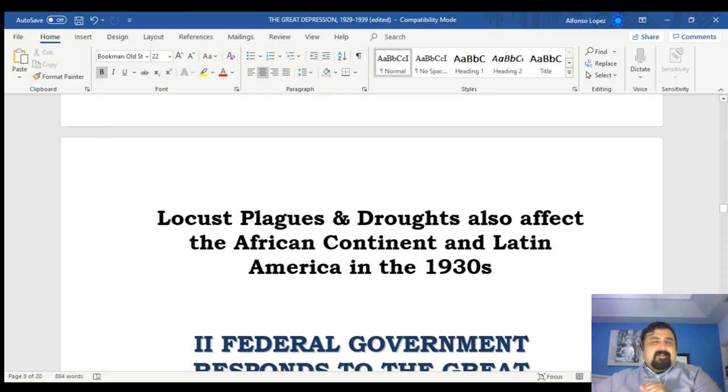And also, during the 1930s, there were plagues. There were certain insects, for example, that became extremely active. The locust is a kind of grasshopper that multiplies by the millions very quickly and becomes active in certain periods, certain cycles of nature.